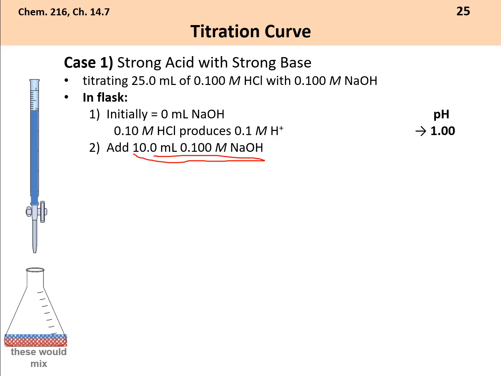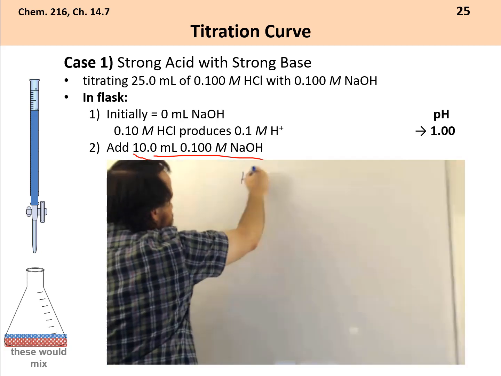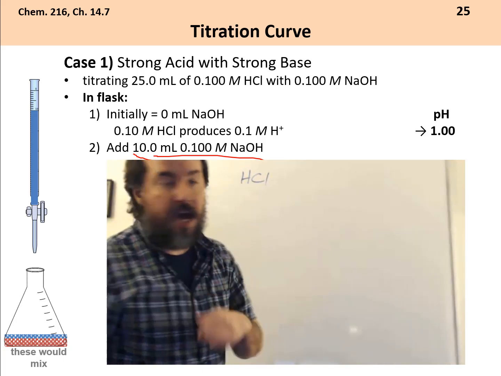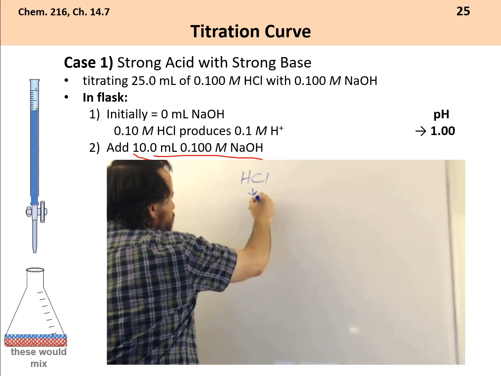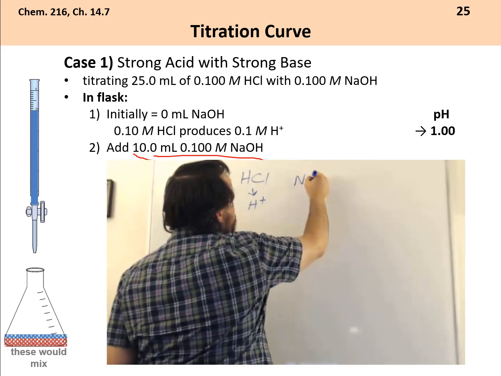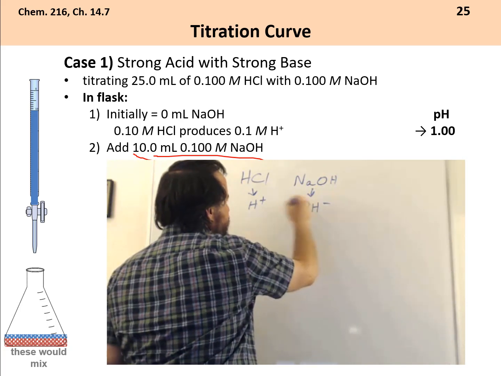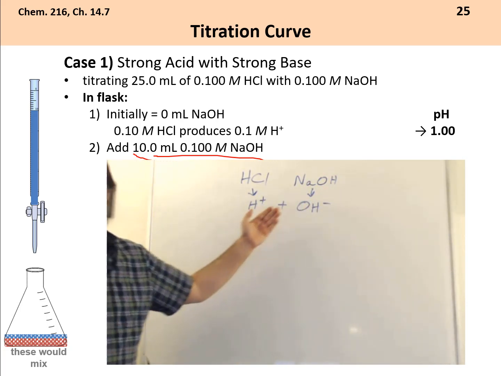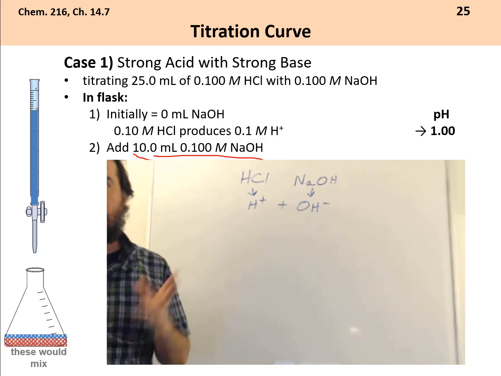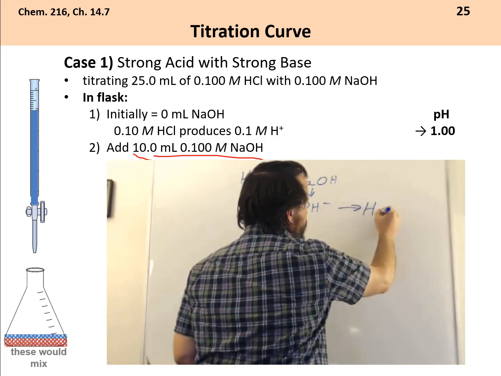All right, so I start off with HCl. We know HCl is a strong acid. And then I add in NaOH. We know that NaOH is a strong base. So I'm going to take H plus and OH minus, and they're going to come together to form H2O.